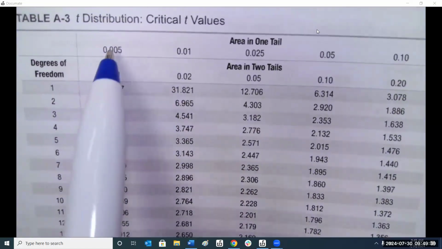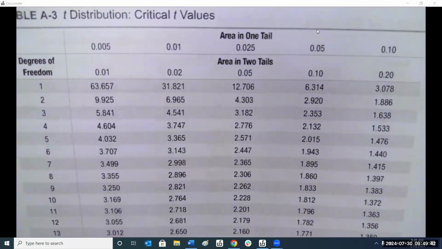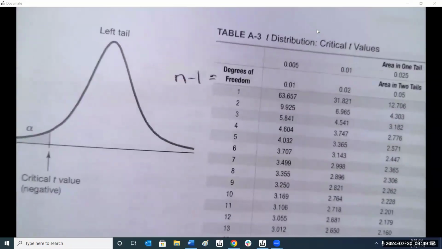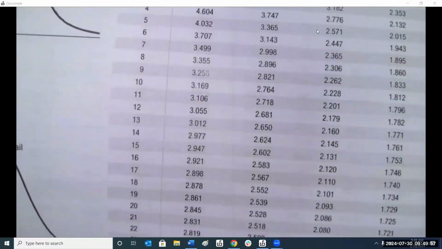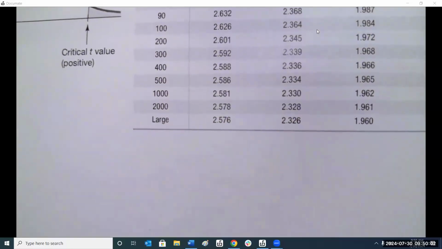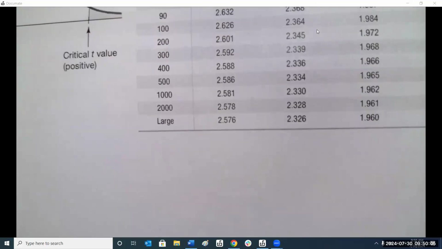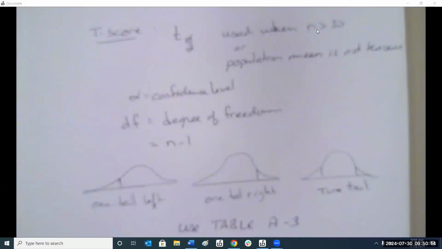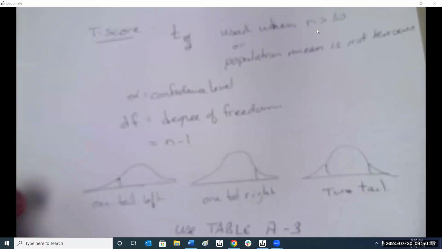So that defines our column headings, our confidence level. Our degrees of freedom, remember, is n minus 1. Notice ours goes up to 2,000 or even larger than 2,000. It finds the area in those tails. We'll do an example in a minute, but we'll go through the rest of the words.